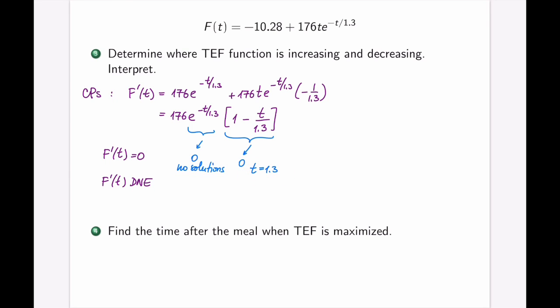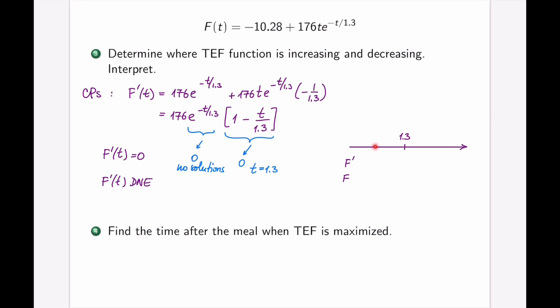So with that in mind, I'm going to draw myself a number line, put all of my critical points on it, which is again just 1.3, and analyze what happens to the derivative before and after it, and then be able to conclude what happens to the function itself. The fact that I only have one critical point divides the number line into two regions.